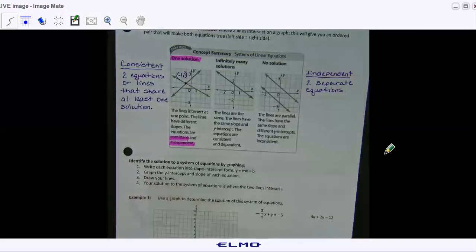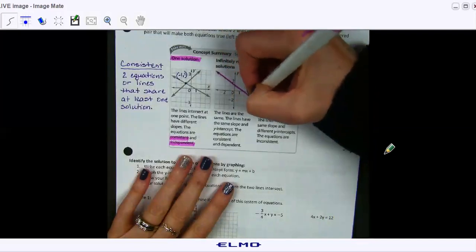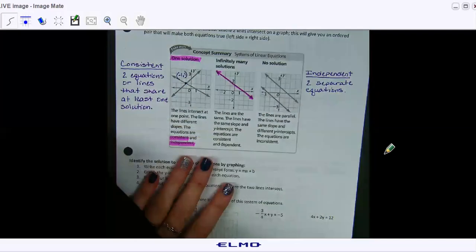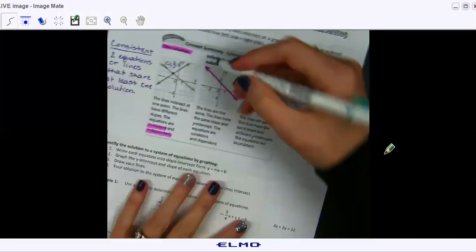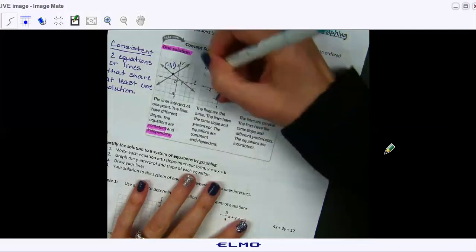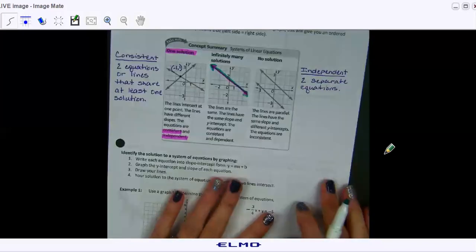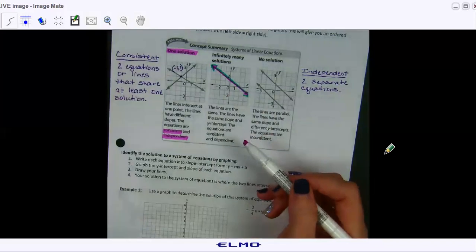And what that means is that both equations were exactly the same. So here I have a line that was graphed from one equation, and then I have the same line graphed again. Basically, all this means is that both equations were identical, and you'll notice that they have infinitely many solutions, an infinite number of solutions, because they both touch all the same points on the line.